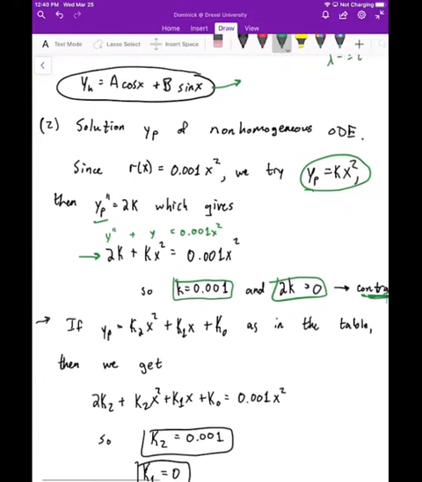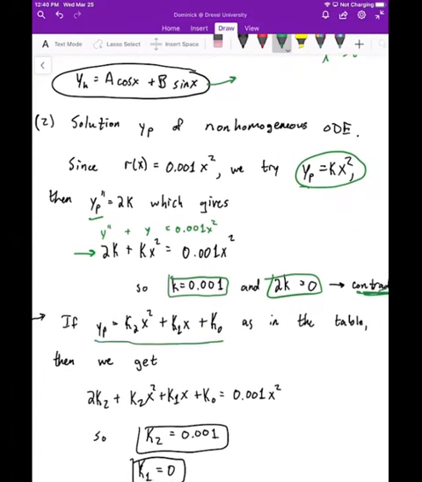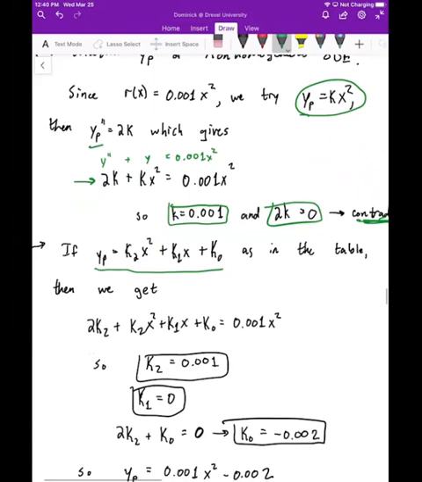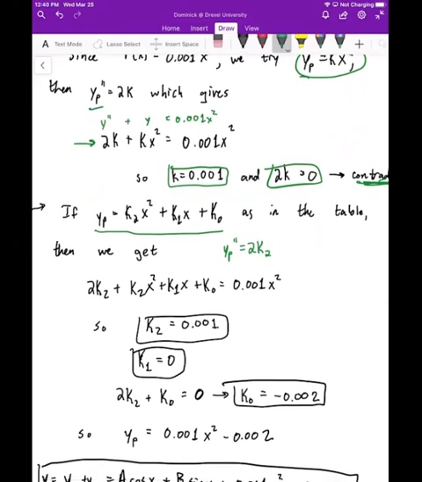Now, if we correctly choose that my particular solution is not only a constant times x squared, but also a constant times each of the preceding powers of x, then of course my second derivative will still be 2 times the constant, but it's now k2 this time. So we get right away that k2, by equating our x squared coefficients, has to be 0.001.